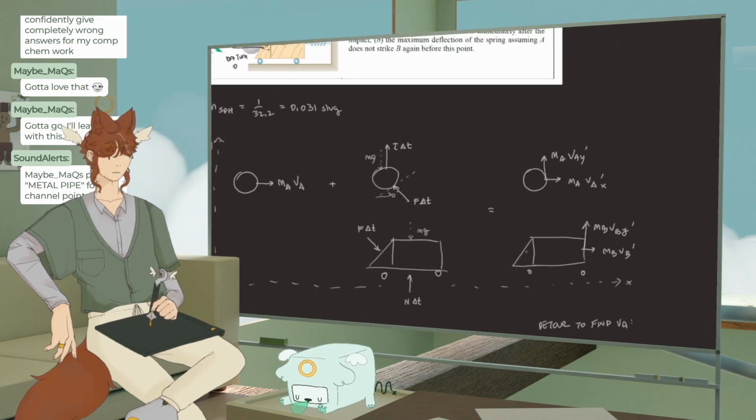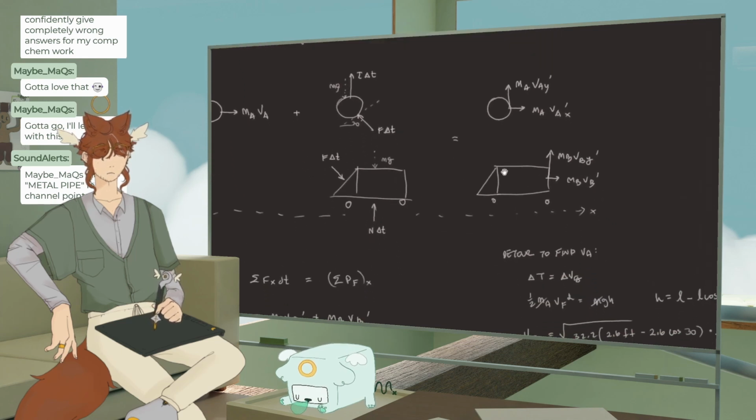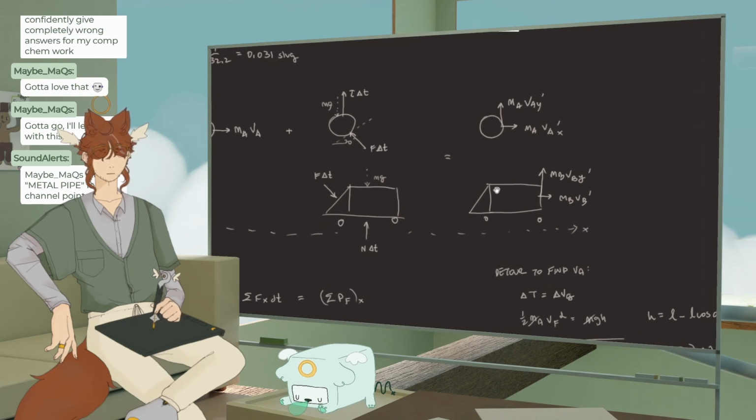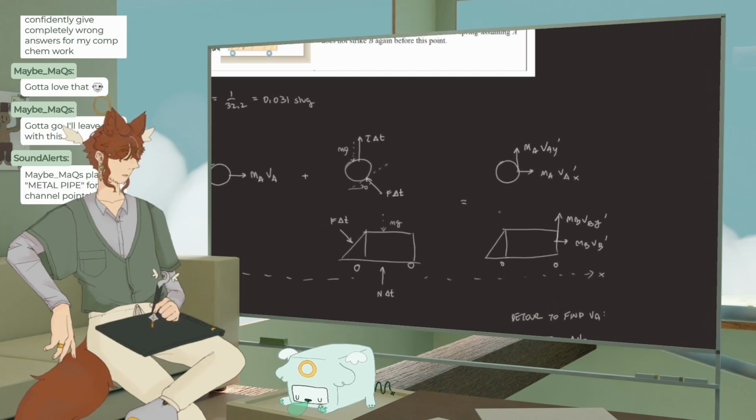Let me maybe draw this. V B is... Oh god, wait, that's kind of nasty, isn't it? I can't just say cosine or sine, can I? In this case, V B would be going this way. Okay, let me see how we did this in class, because we did something like this.